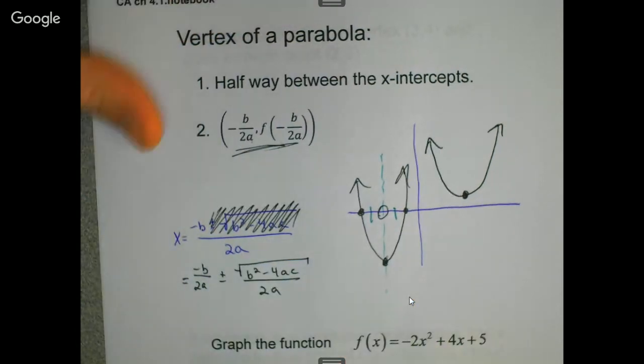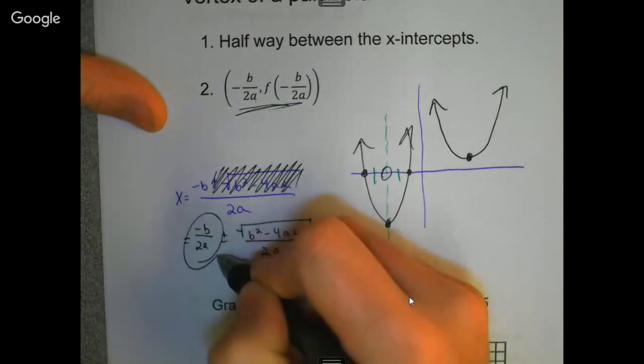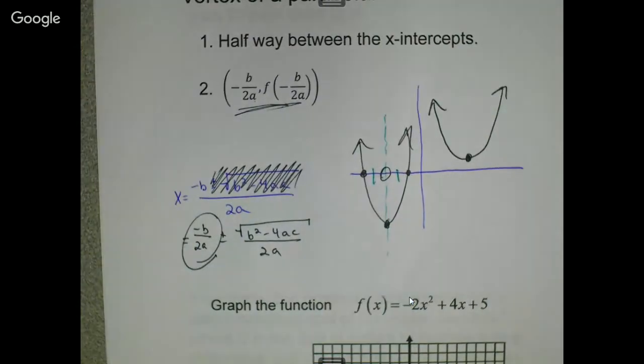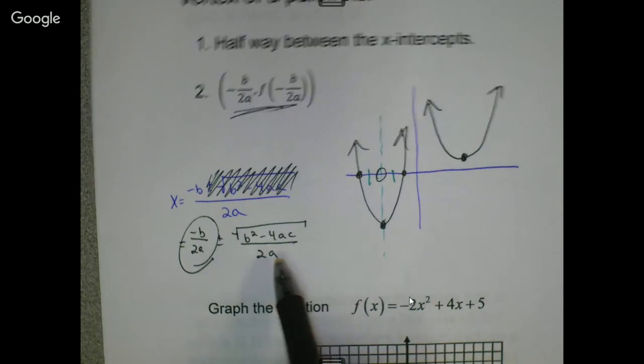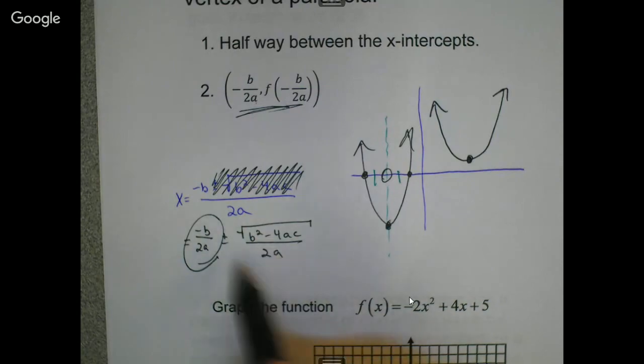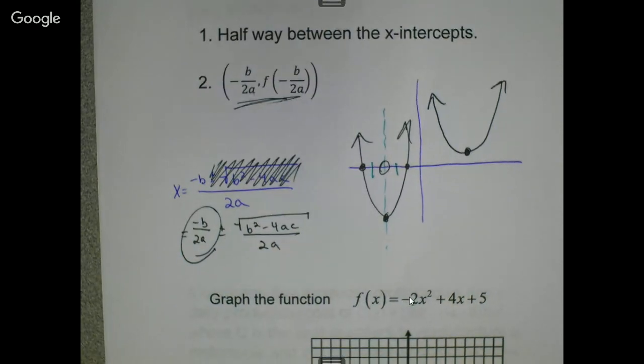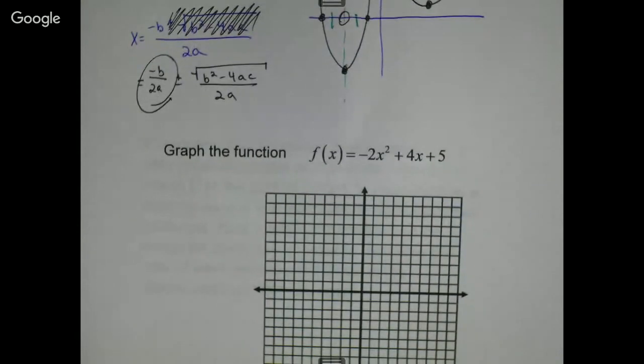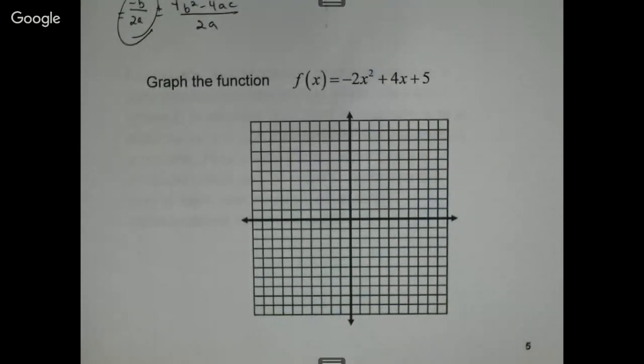And this will give you the x coordinate of your vertex. You can talk about what that meaning is in calculus or something. That's kind of more than what we're going to look at right now.